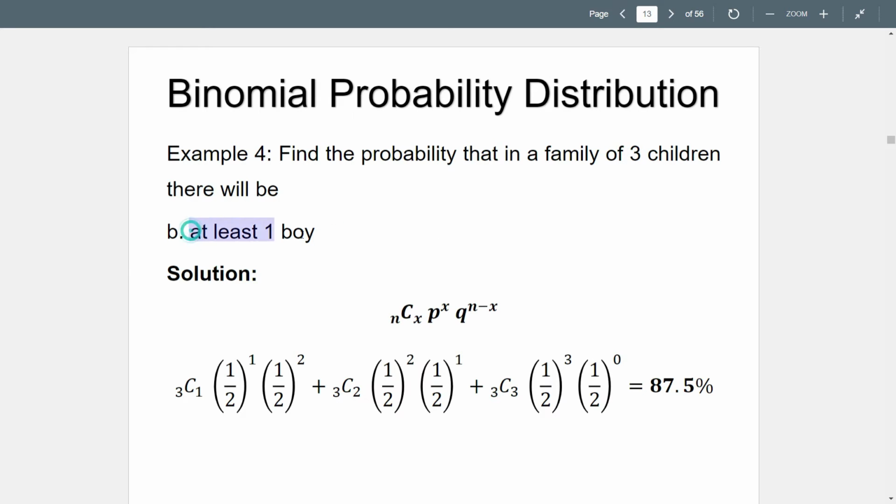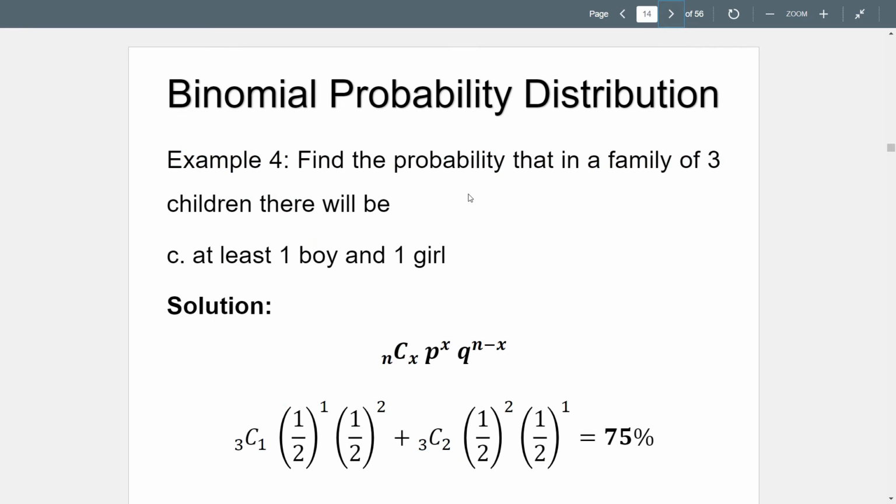So you'll have this first equation, with 1 success and 2 failures, so 3 C 1, and then this is 3 minus 1. For the second option, at least 1 here, so you'll have 2 boys. And then for this third, you'll have 3 boys and no girls. Then simplifying this, you'll have an 87.5% chance.